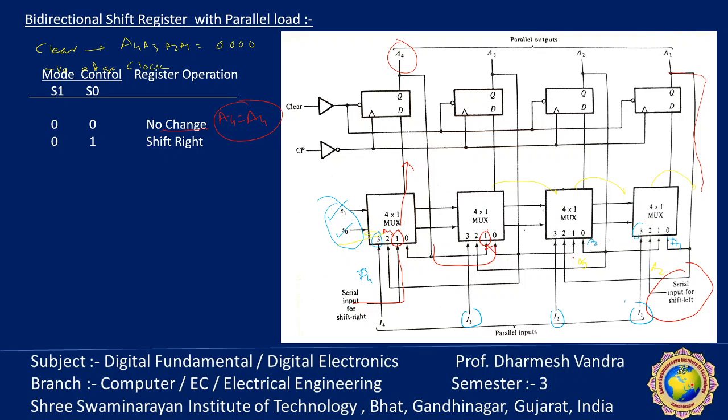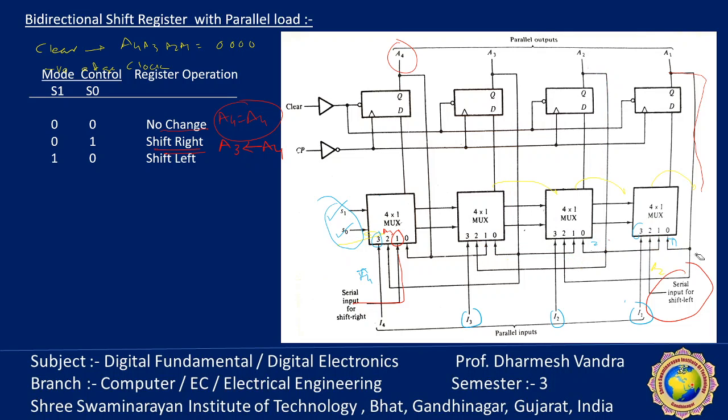Here it is A3, this one, A2 for the next stage, and this A4 is the final output. So it works as a shift right. So always A3 is equal to the previous condition of A4. Now 1 0. 1 0 is the A2.